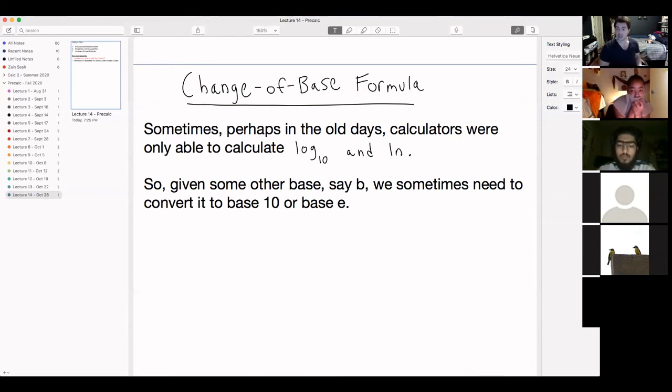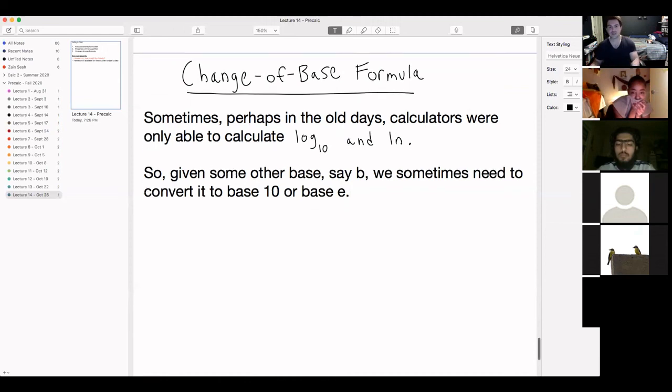There are some calculators out there that only have log base 10 and log base e. So if we want to put other bases into that calculator, we would like to convert to base 10 or base e so that the calculator can calculate those logarithms. And it's just a formula. Here's the formula.